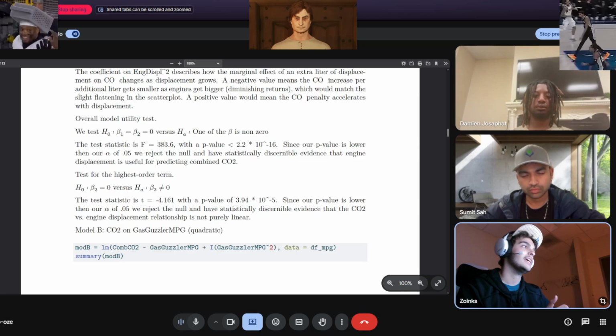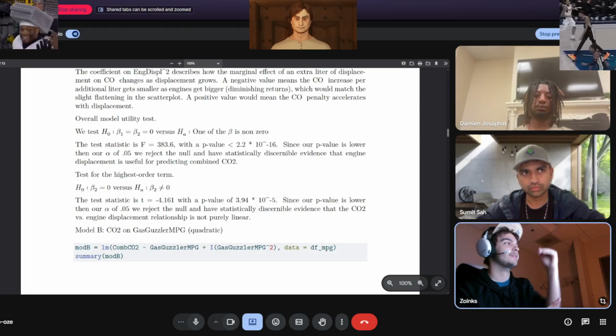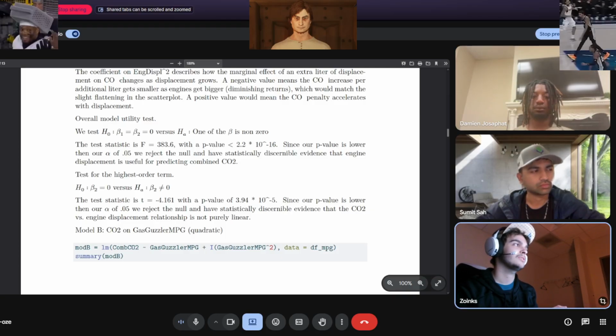And since we did a double check, miles per gallon alone explains about 97% of the variation for our response variable. It's kind of confirming the relationship that we originally saw.